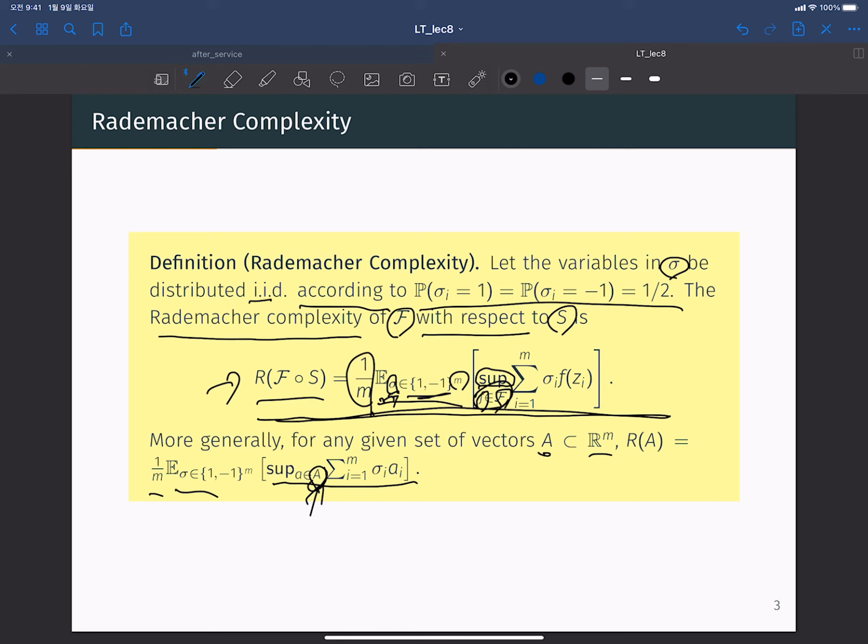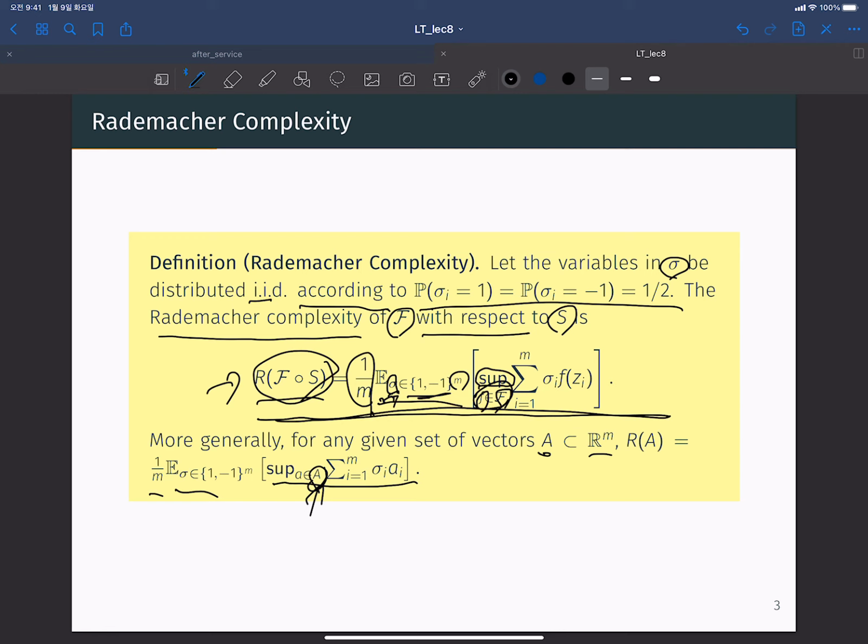So when the Rademacher complexity is small, we do not worry about a high generalization gap, because even for the extreme case, we have a very small generalization gap between validation and training error.